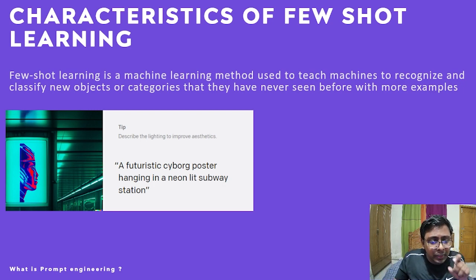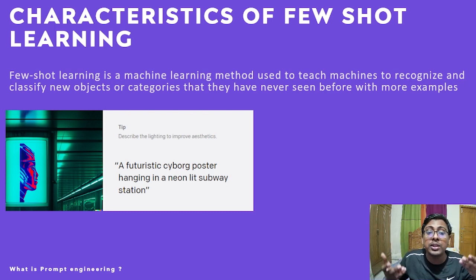So here it is very specific. If the user had only given a futuristic cyber poster, it might not have been this accurate, because you can see it is hanging in a neon lit subway station.